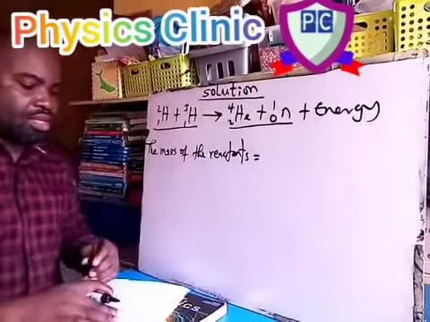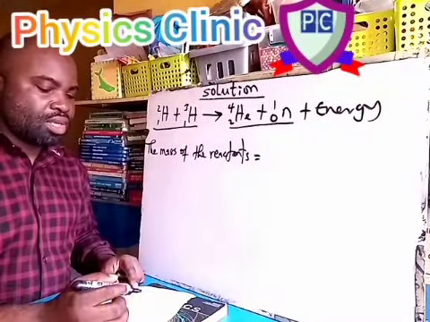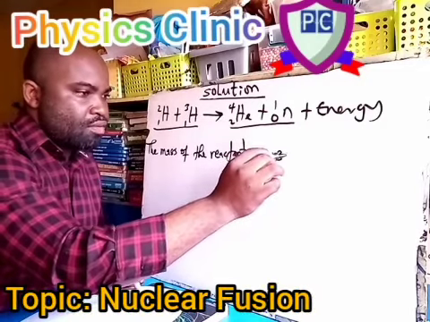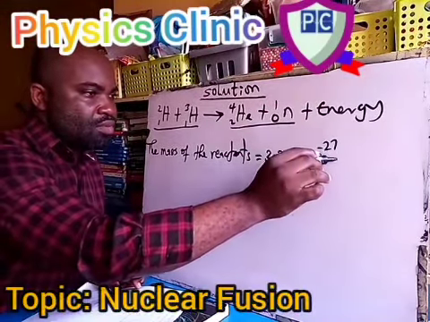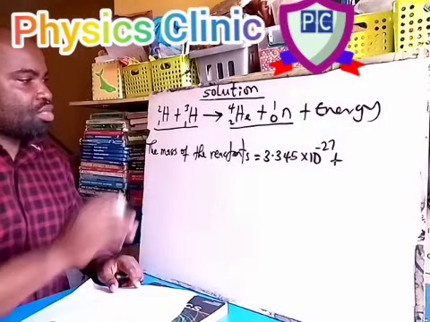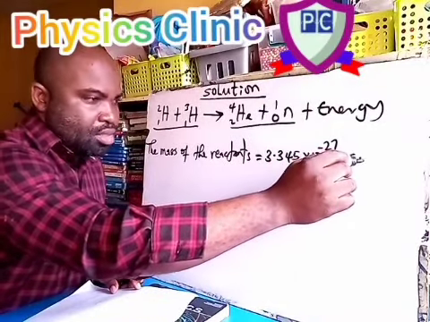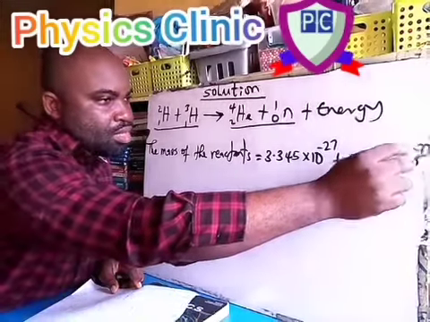Total mass of the reactants will be the mass of hydrogen 2, which is given as 3.345 times 10 raised to the power minus 27, plus the mass of hydrogen 3, which is 5.008 times 10 raised to the power minus 27.